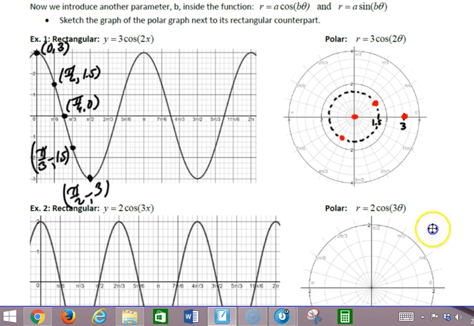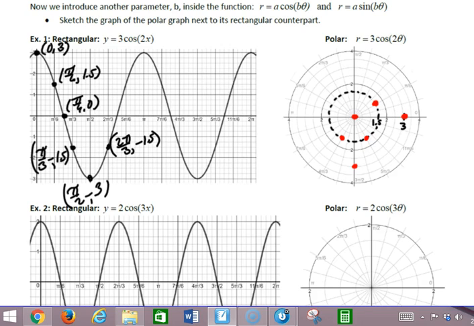So pi over 2, negative 3 is down here. Now we're back up to 2 pi over 3, negative 1.5. 2 pi over 3, positive 1.5 would be here. 2 pi over 3, negative 1.5 would be back in quadrant 4 right here.